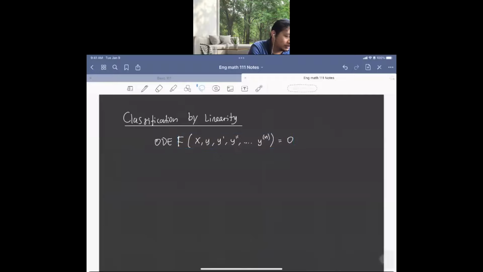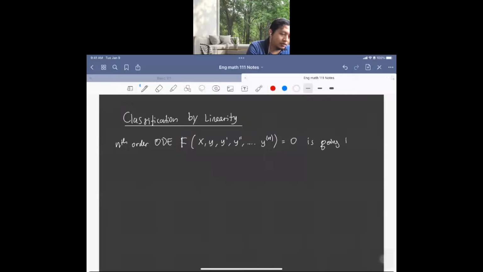So the nth order of this ODE is going to be linear if the variable y is linear, which means all the variables here are linear.